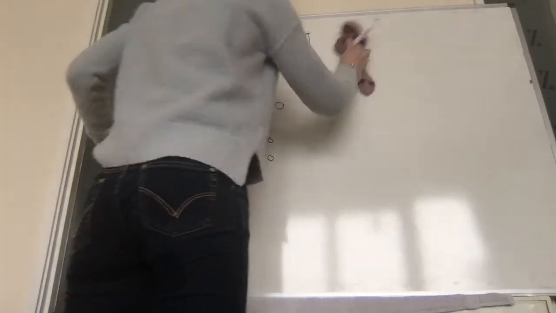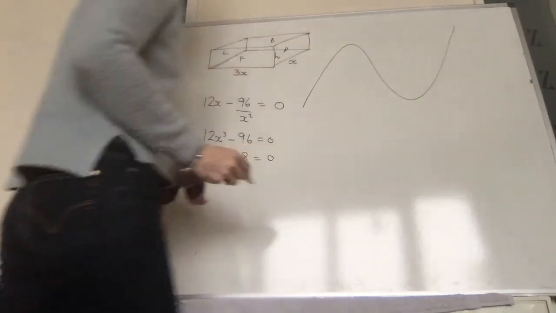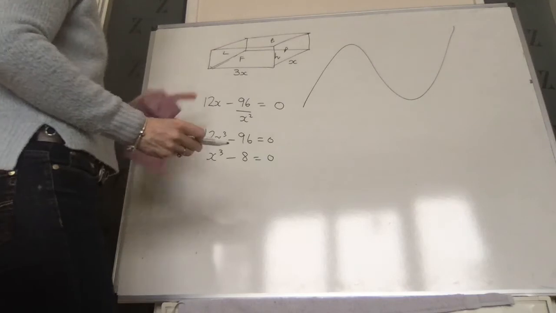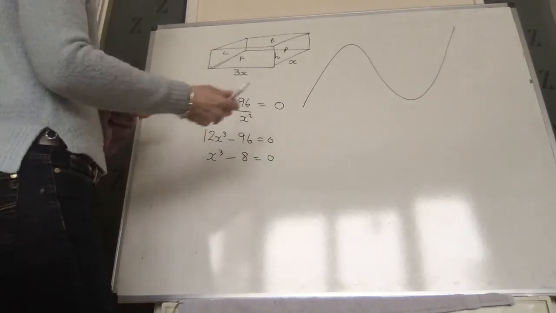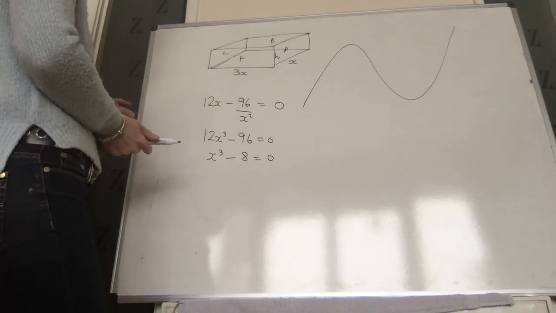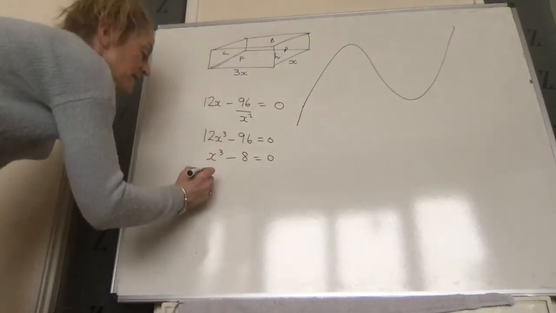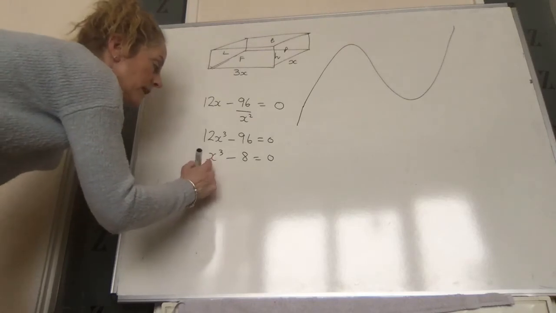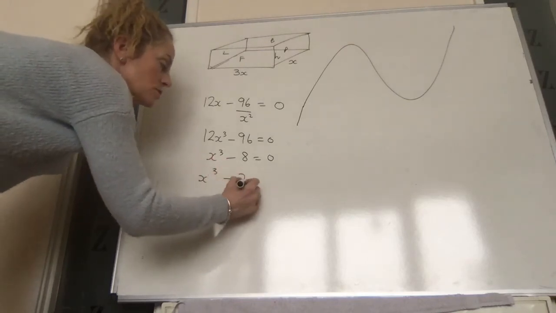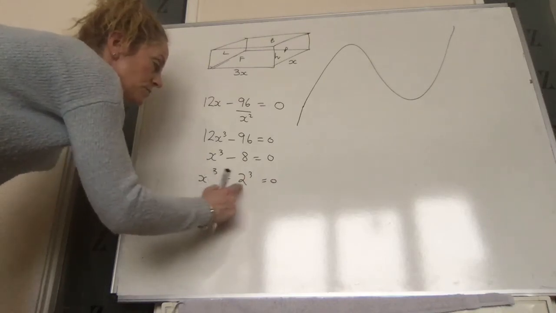So it's a plus x cubed graph. So we know a plus x cubed graph looks like that. So again, technically it's a cubic graph, it should have 3 roots. We would normally find the roots by factorizing, and you have x cubed minus 2 cubed equals 0. How do we factorize a cubed minus b cubed?